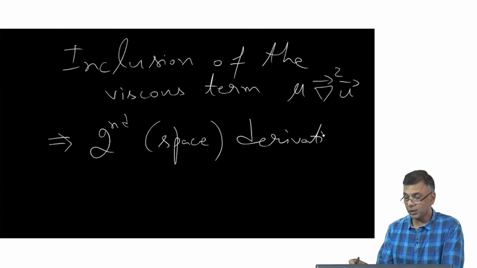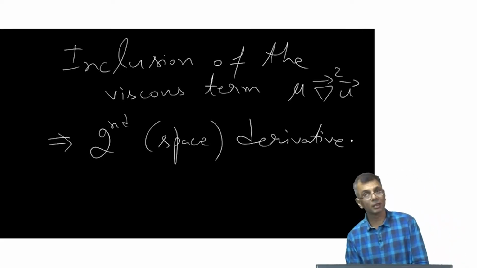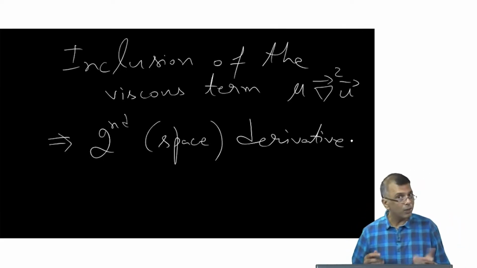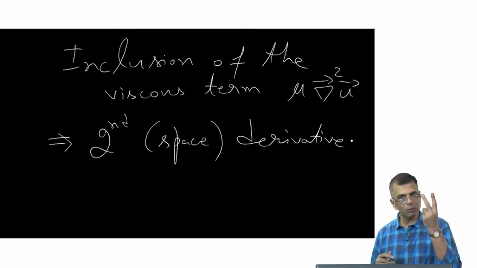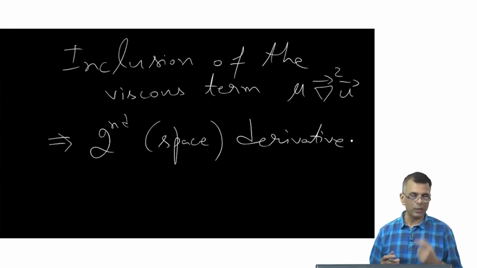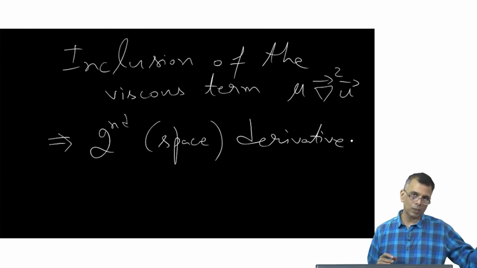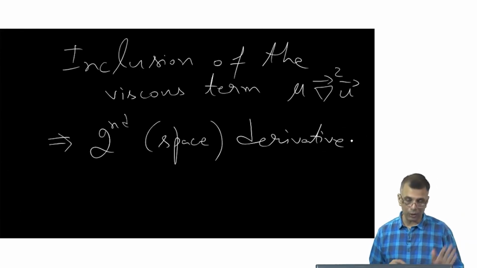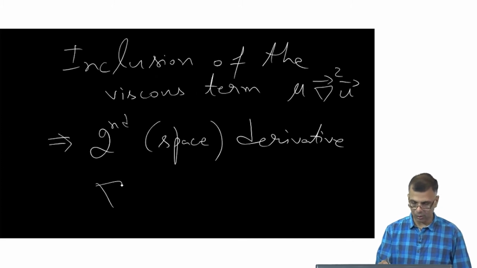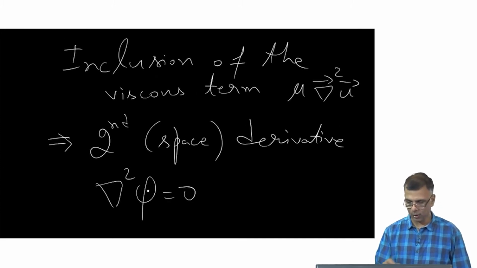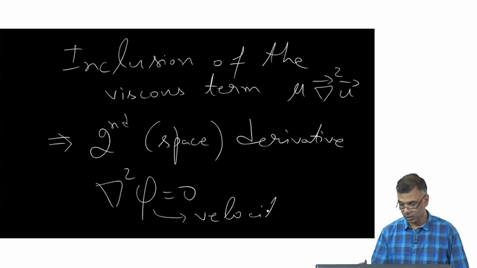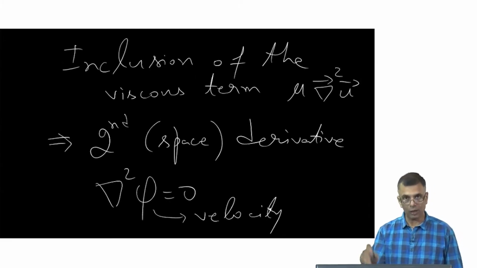So this completely changes the character of the equation. This is the main thing by way of boundary conditions. You have two derivatives, you need two boundary conditions. You remember, it's a different equation, but when we were talking about the equation where this was the velocity potential, that was for inviscid flows, so it did not have the viscous term.